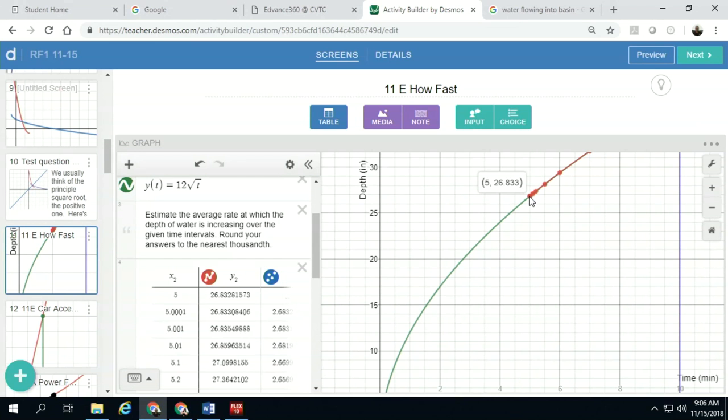Well, in order to calculate that, you need to know what y of t is at each of those times. Well, we already know y of t at 5 is 26.833.